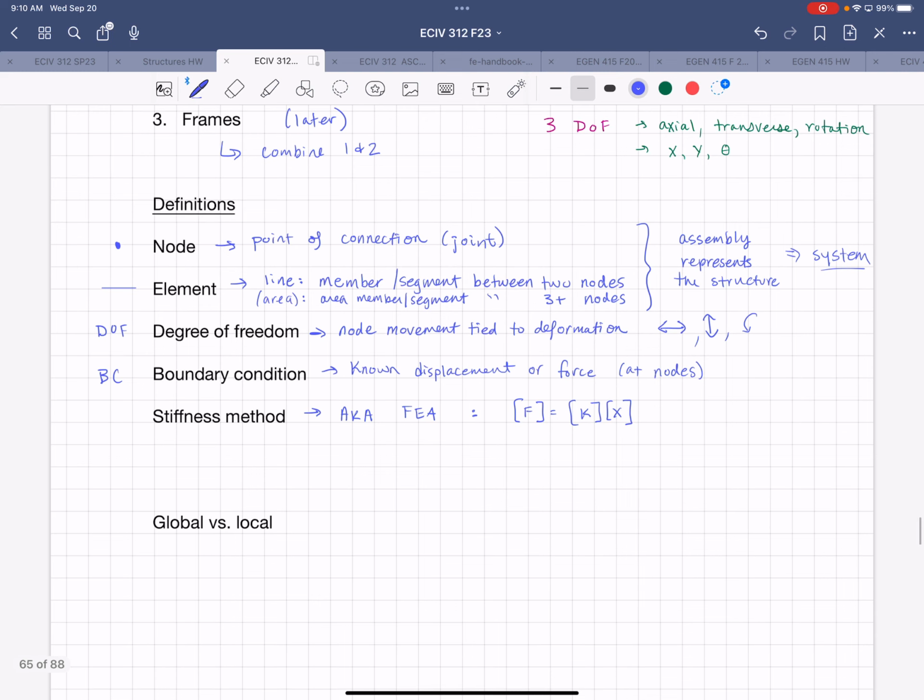All right, so back to the stiffness method. Specifically, it relates external forces to displacements, and again, this is specifically at nodes.